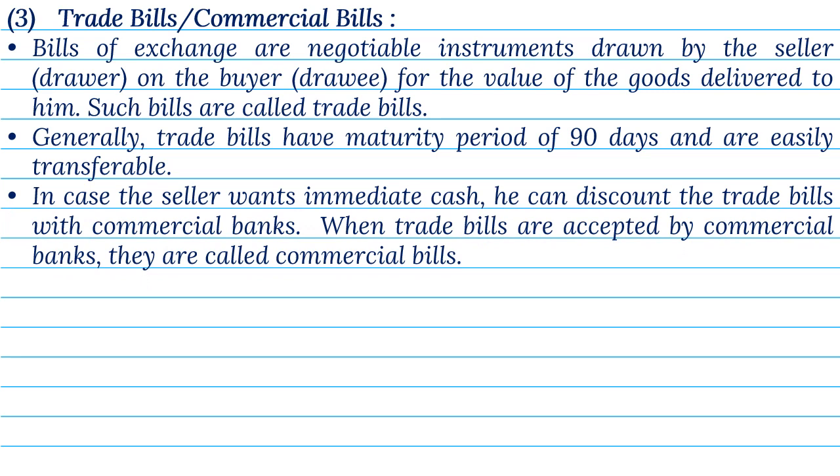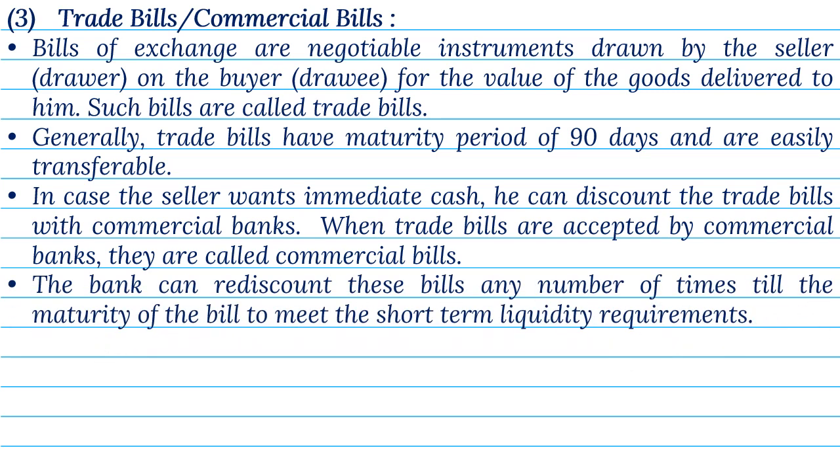In case the seller wants immediate cash, he can discount the trade bills with commercial banks. When trade bills are accepted by commercial banks, they are called commercial bills. The bank can rediscount these bills any number of times till the maturity of the bill to meet the short-term liquidity requirements. 4. Commercial papers, CPs.